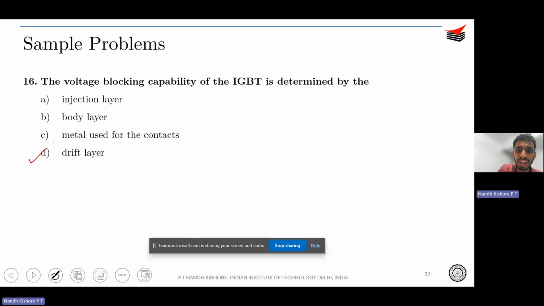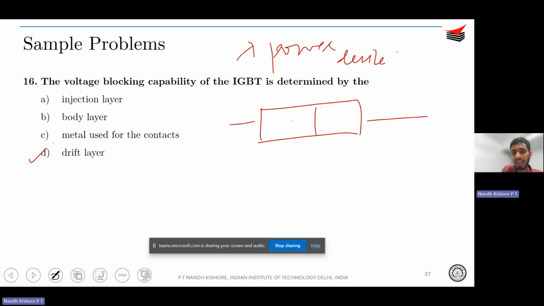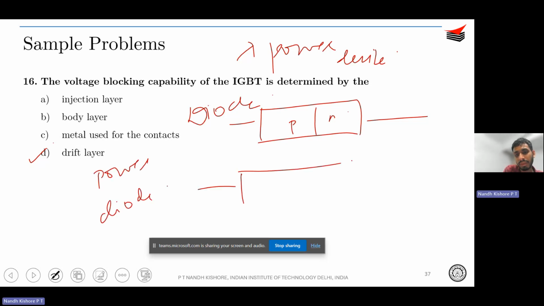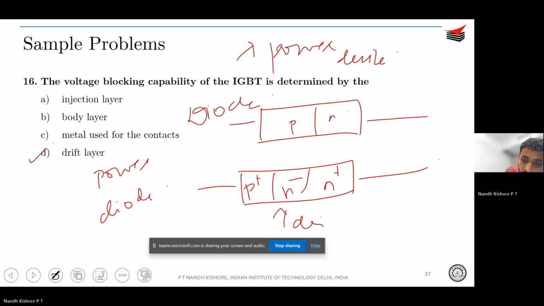So irrespective of IGBT, any power device, right? Even for a diode, for example, typically you have the P and the N regions. This is for a simple diode or a signal level diode. However, for a power diode, you will see something like this: P plus, N minus, and N plus, a lightly doped region in the middle, and this is actually called the drift layer.